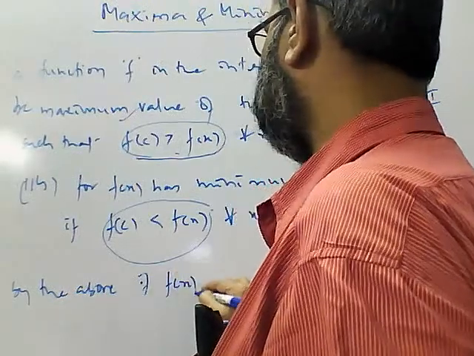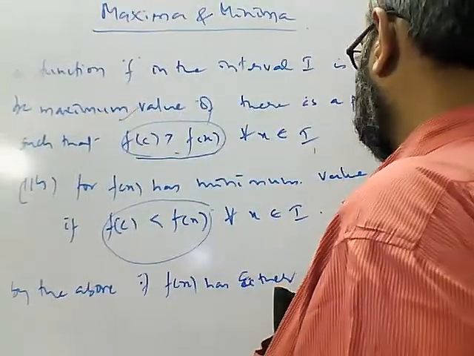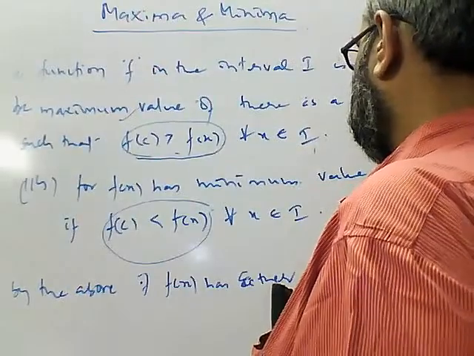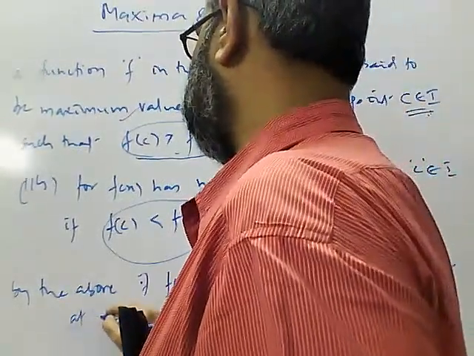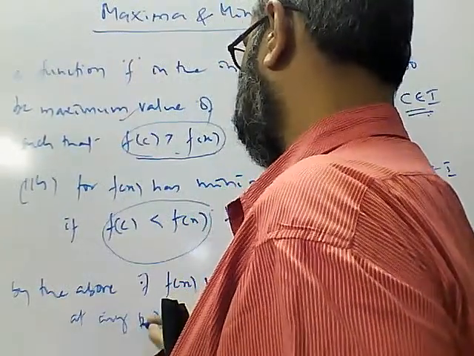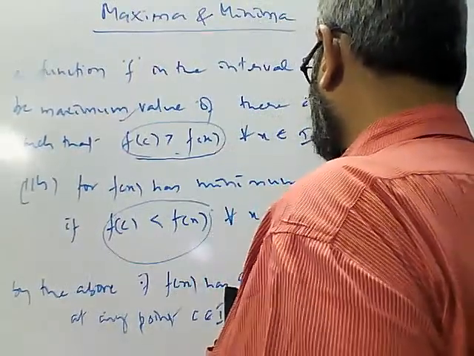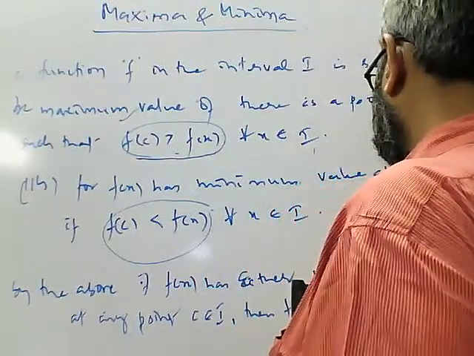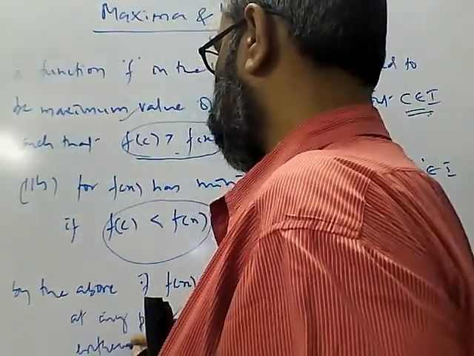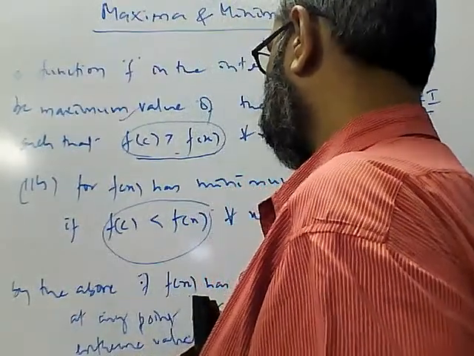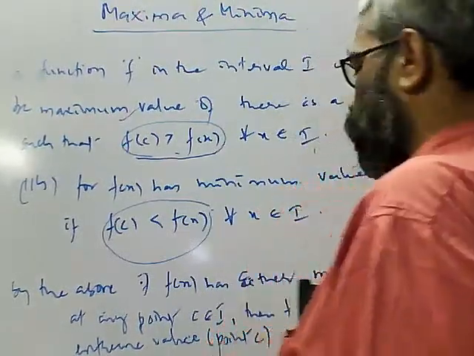If f of x has either maximum or minimum value at any point C belongs to I, then both are said to be extreme value or point C in I.